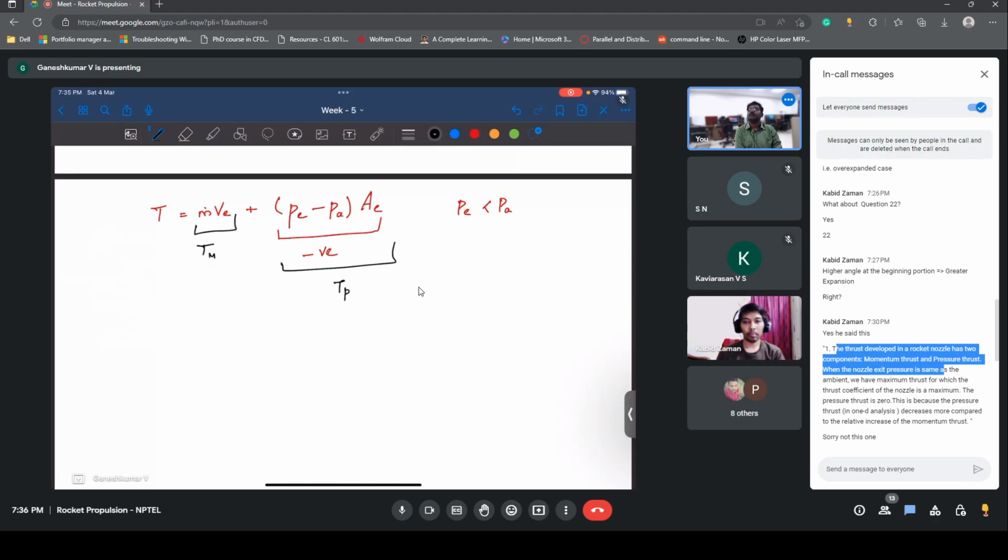Usually in an overexpanded nozzle, what happens is, good question. Basically, if you look at it from this formula, you are going to get less thrust.